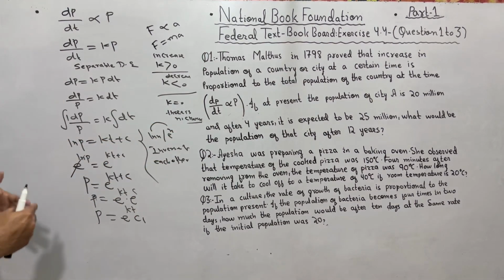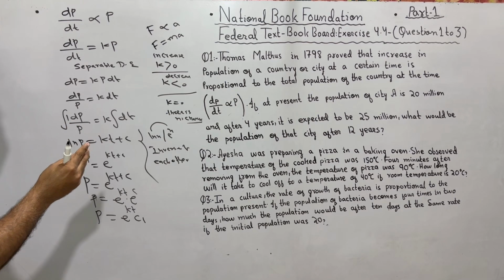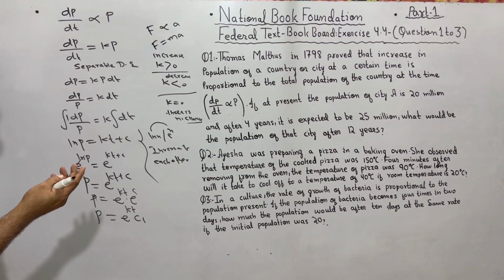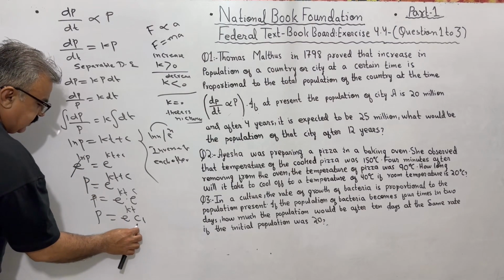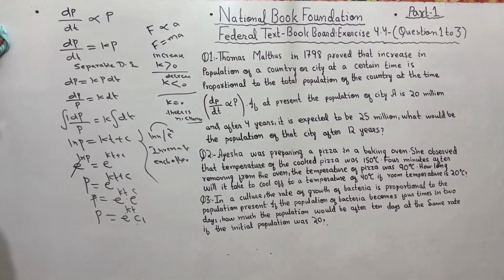What is the population at the outset, at the starting point? At the starting point we have t equal to 0, the initial point. Then after 4 years, our population increases to 25 million, from 20 to 25 million. Utilizing these conditions, we are interested to find the values of the constants C and K.